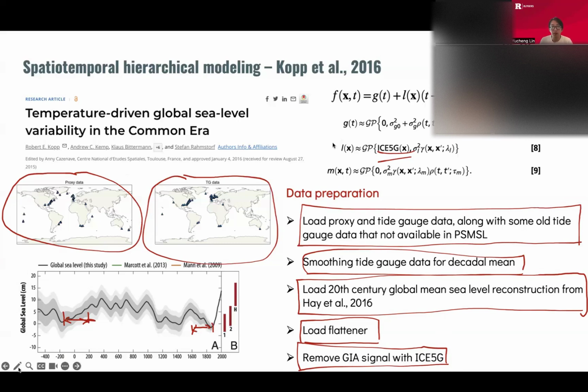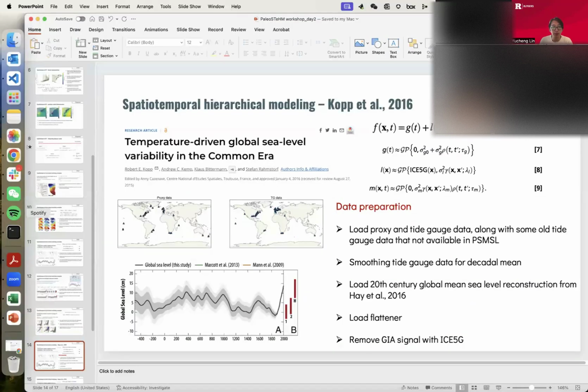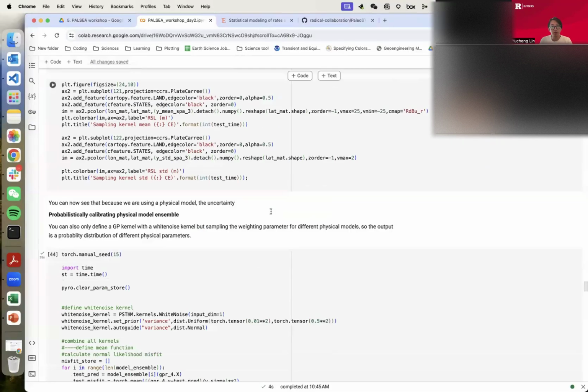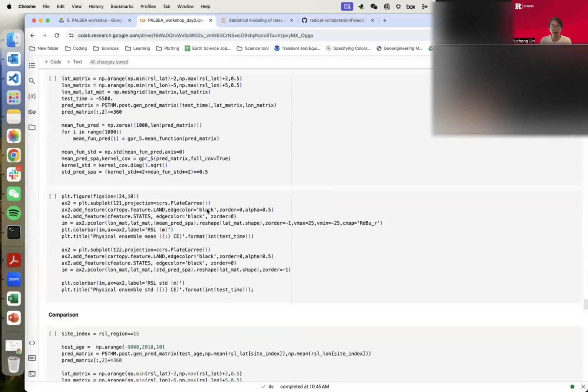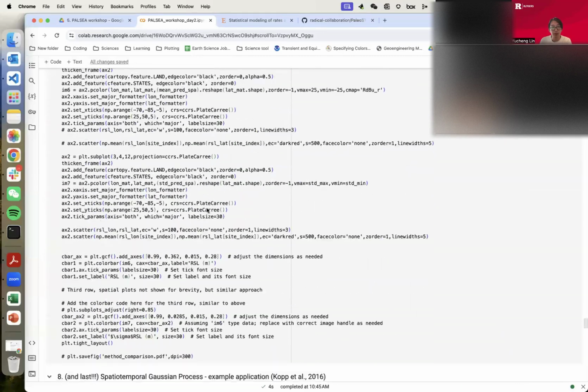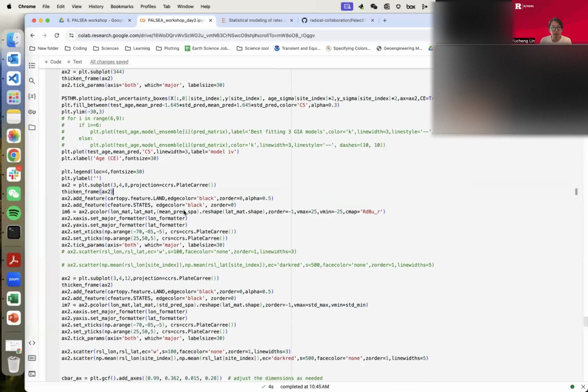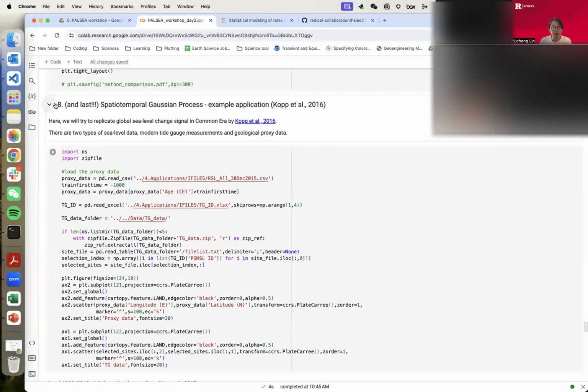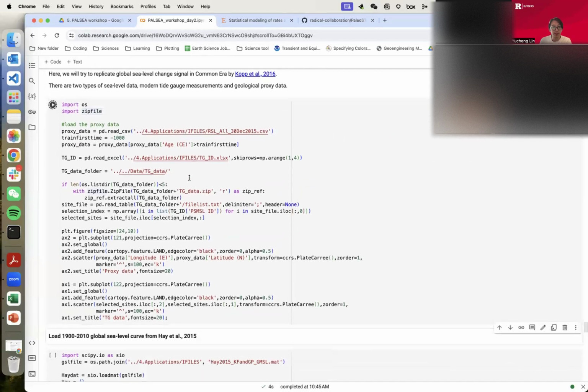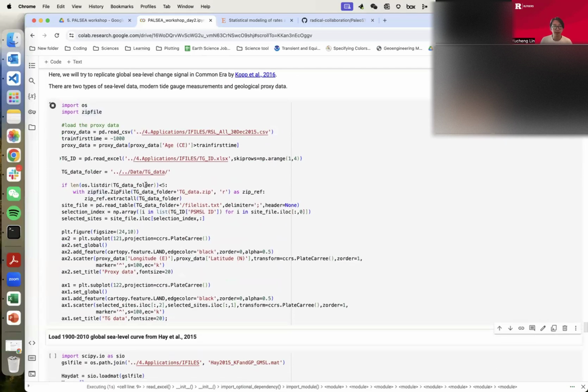Okay, so how did you do that in PaleoSTEHM? Let's try to do that in PaleoSTEHM. If you can go to the notebook at the very left, we can use it to regenerate Bob Kopp's results.